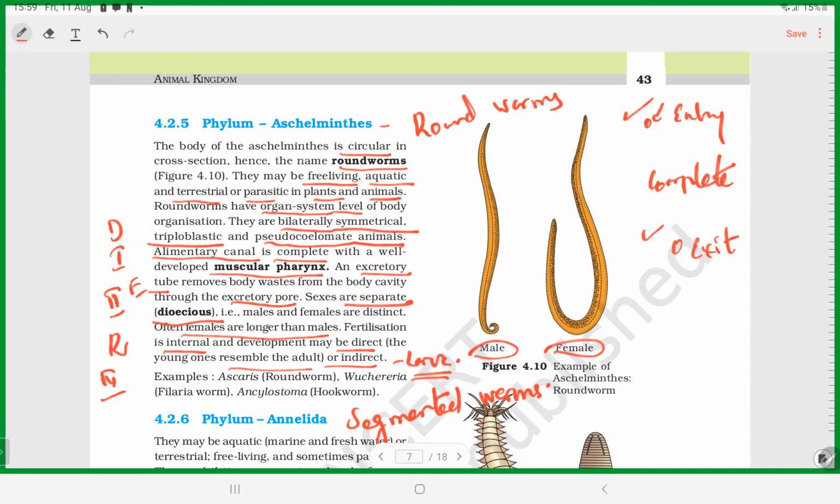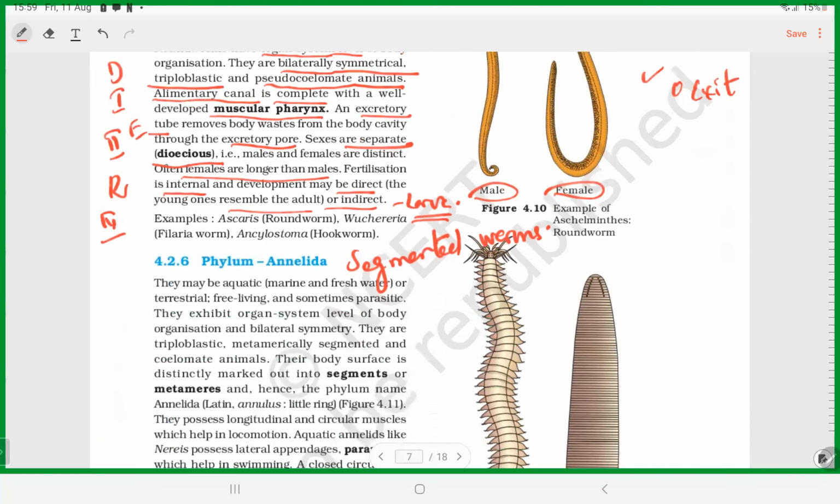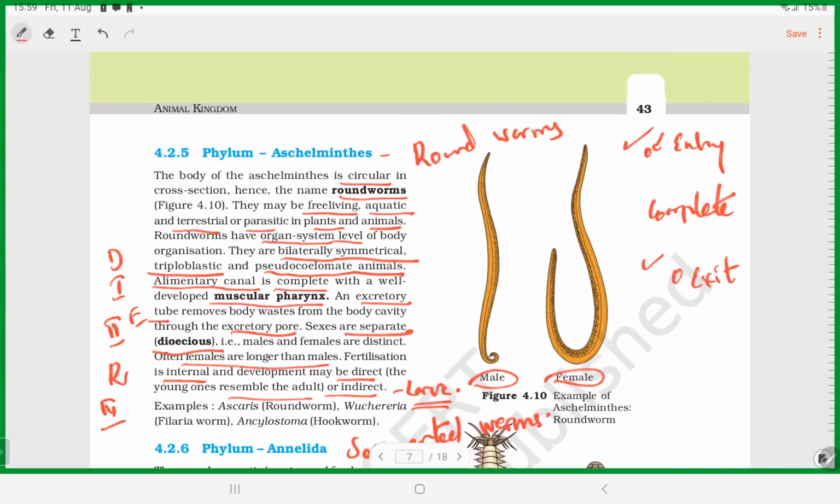Okay, so that's about Aschelminths. And now coming to the annelids. In simple, roundworms are free living, aquatic, terrestrial, or parasitic, and show organ system level of organization. Digestive system is complete, excretory system uses an excretory pore, and sexes are separate, with differences in male and female.